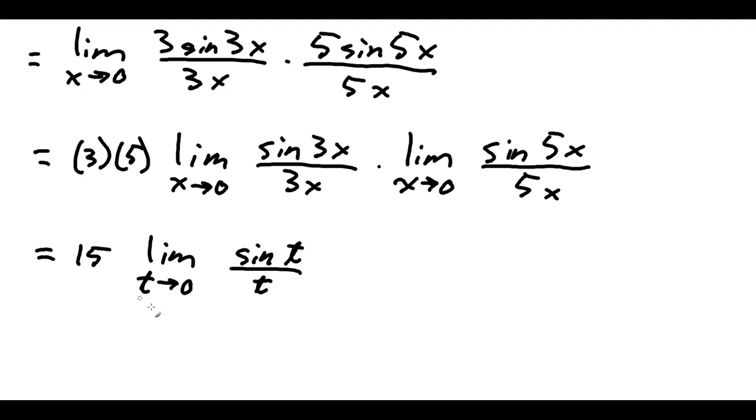So we have the limit as t approaches 0 of sine t over t times the limit, and similarly, let's pick a different variable just to avoid confusion. Let's use u. If we let u equal 5x, we would have the sine of u divided by u, and again, as x approaches 0, 5x approaches 0, so that means that u is approaching 0.